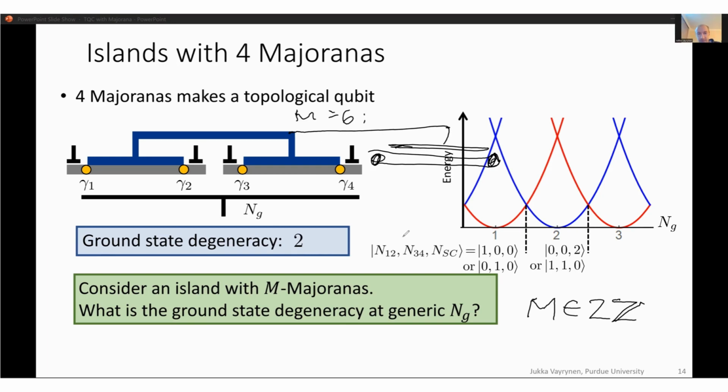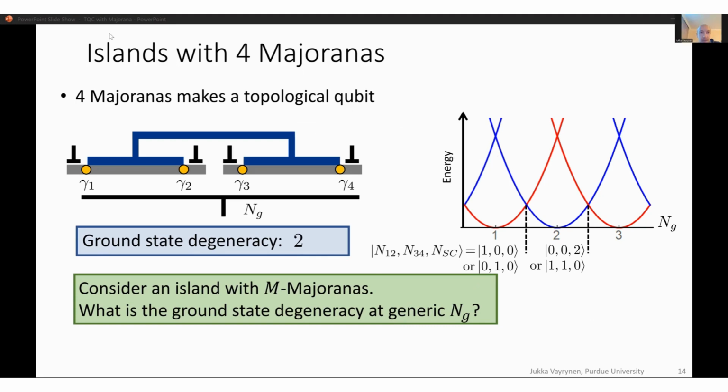So just as an exercise, it's a fairly simple exercise to find the ground state degeneracy at a generic value of the gate charge when you have some arbitrary even number of Majoranas in the system.